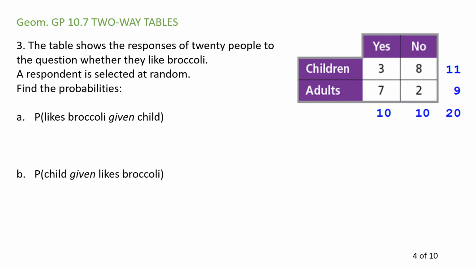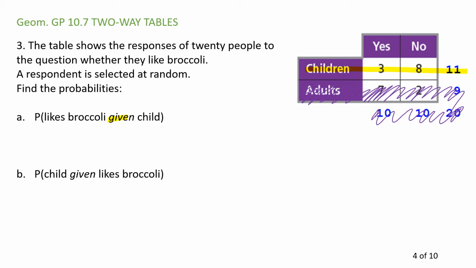Find the probability a person likes broccoli given that it's a child. Well, this is a conditional probability, but if you have a two-way table, it actually is a little bit easier. If I'm telling you the person is a child, I am only looking at that row. I don't care anything about these other people. I'm only looking at this highlighted yellow row.